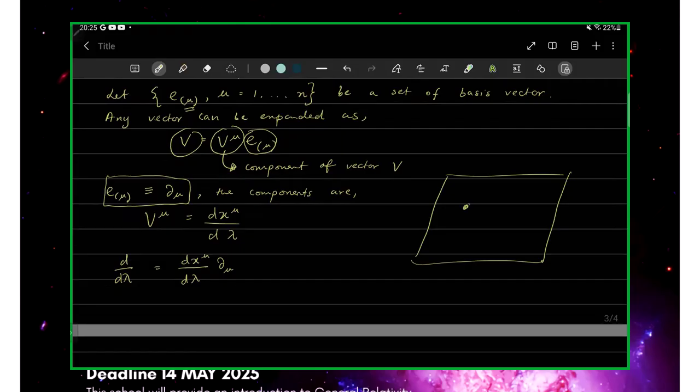So at point A, you would not have the same E mu as you would have at point B. The tangent space that I would create, which would have the basis vectors E mu defined on some point P, would be different from the tangent space at point B, which, let's say, is point Q, defined by a different E mu. So maybe write this as E nu.